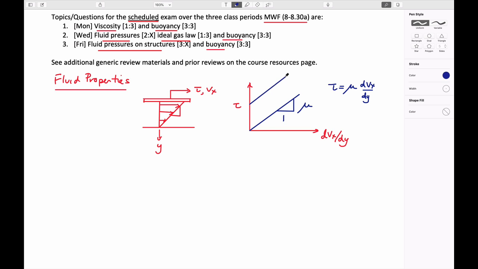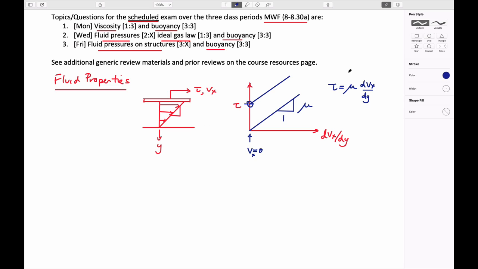A thixotropic fluid would be one that has a finite shear stress attached to it. In other words, you have to overcome the shear stress before it will move. In other words, at this point here, the velocity is 0 in the x direction, and so this is the shear stress that needs to be overcome.